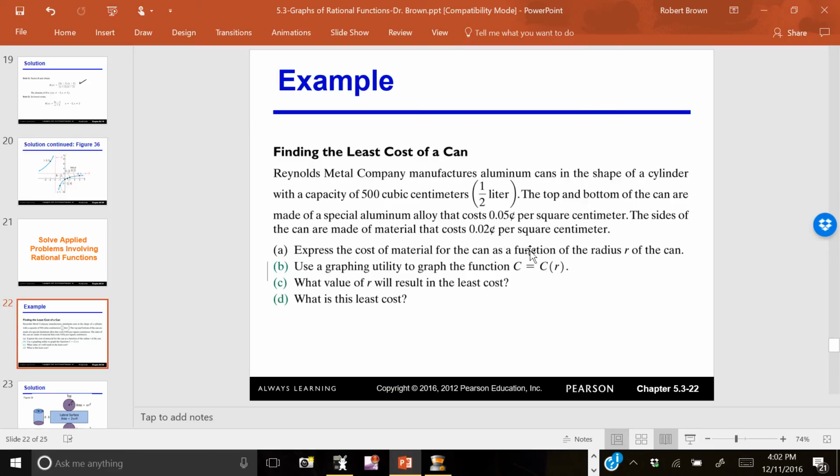Or really, that's 2 cents per square centimeter. We want to express the cost of the material for the can as a function of the radius of the can, and then graph this and determine what value of r will result in the lowest cost for the can material, and what that lowest cost would be.